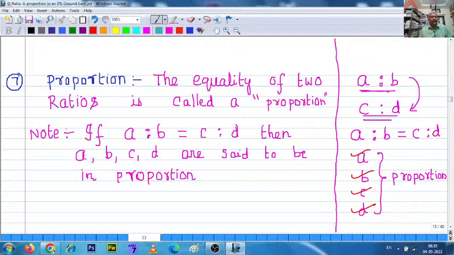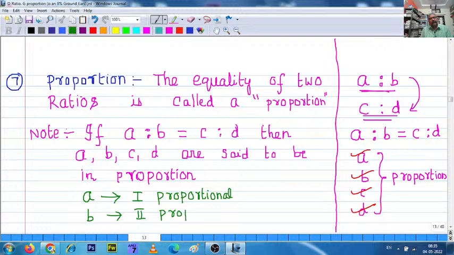So now let us write. Here A is called the first proportional, whereas B is called the second proportional.